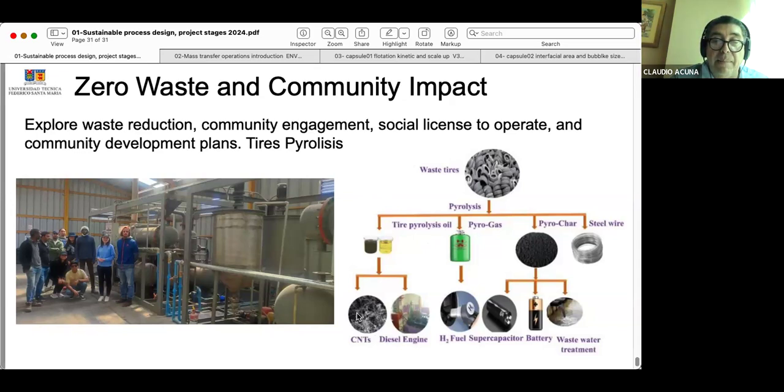You generate metals, you generate different oils that can be converted into diesel. Also, you generate charcoal or black carbon that can be used for batteries too. And also, you recover the steel, the frame of the tire, that can be recycled.